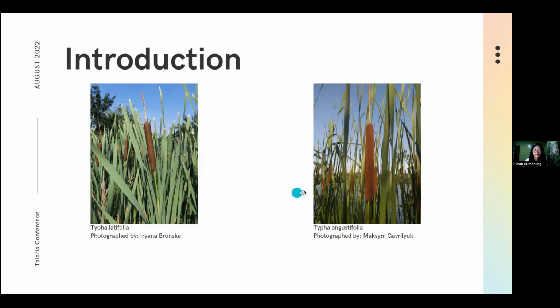As well, looking at their staminate and pistillate is also pretty difficult, since after their reproductive season, the staminate head dies and falls off. So field identification will be pretty difficult after their reproductive season, which is why molecular genotyping would be necessary for species identification.